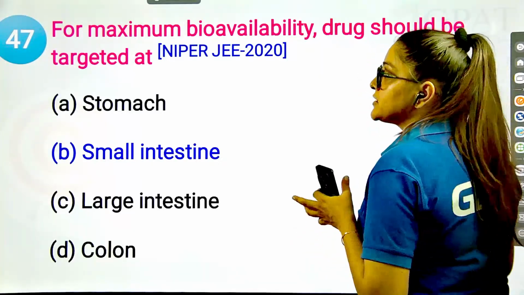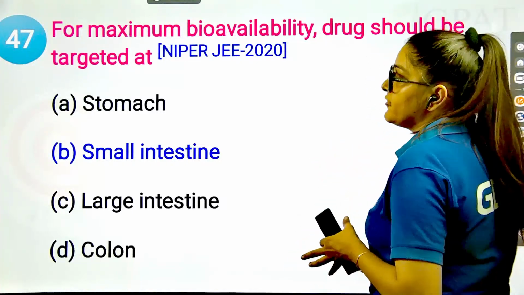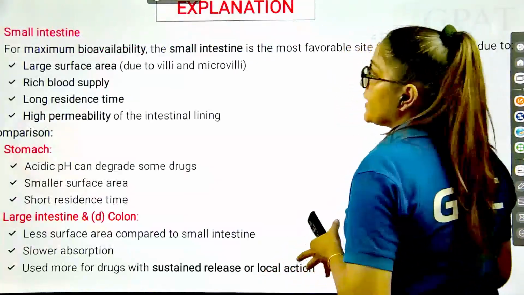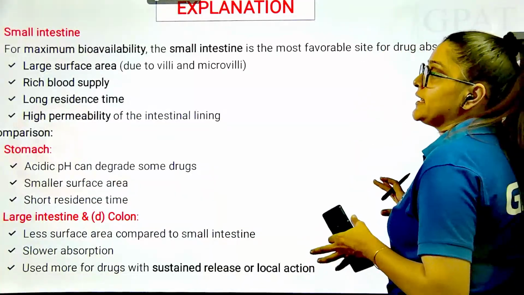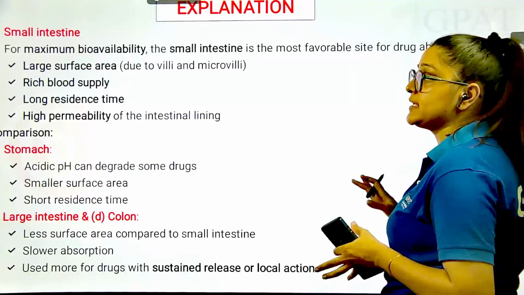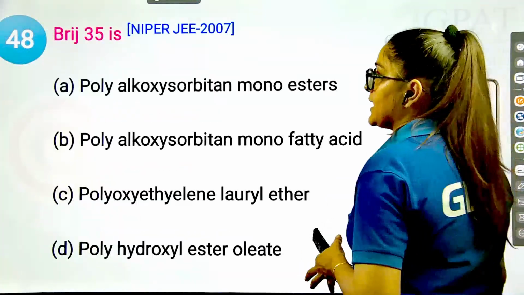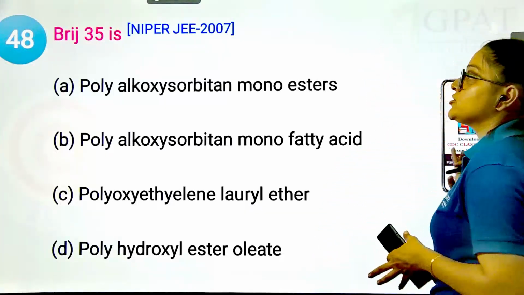But for the small intestine, we say the drug is maximally available. So the small intestine will offer the maximum bioavailability, offering a higher surface area, rich blood supply, and much more residence time.